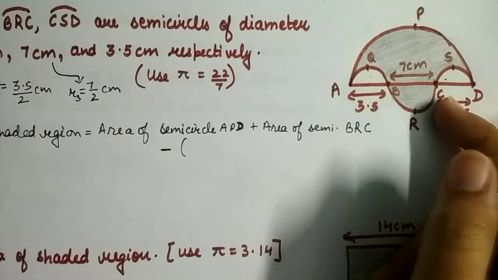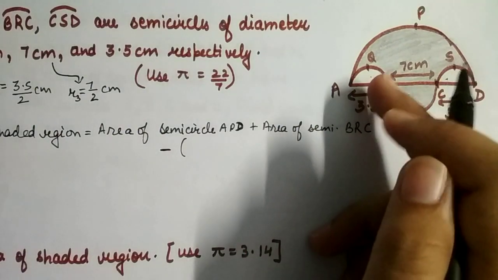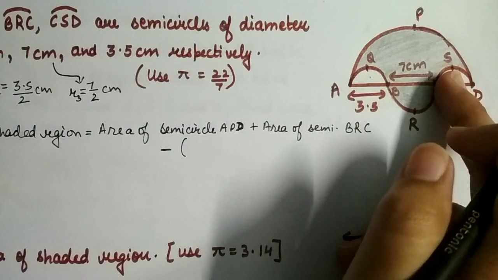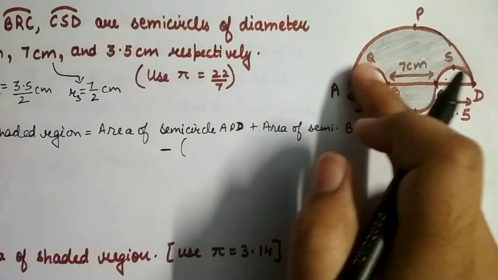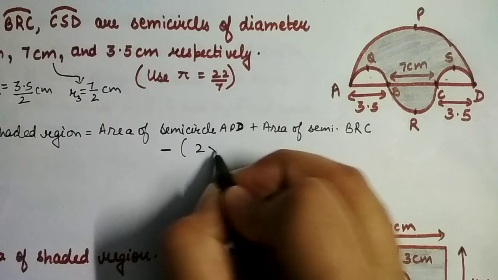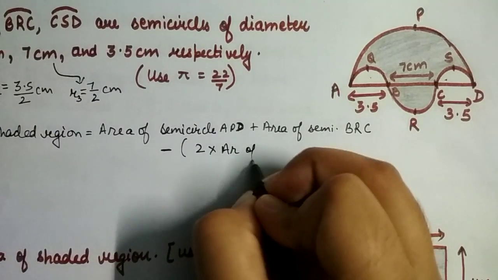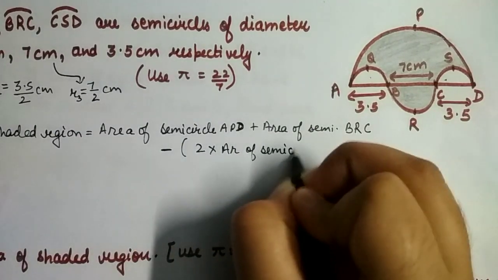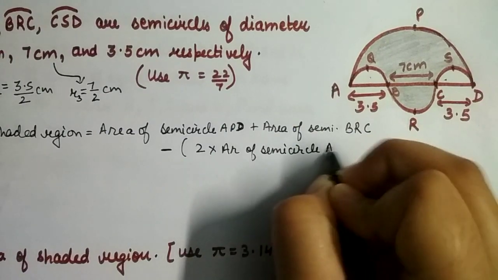The area will be the same because the radius is the same, so the total area of these two semicircles will be 2 into the area of any one of the semicircles, that is 2 into the area of semicircle AQB.